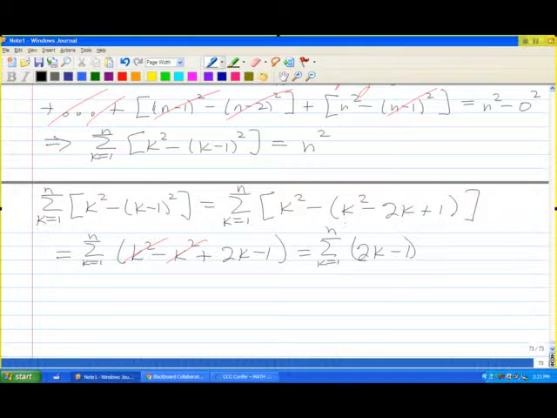We may have done that one, which is equal to 2 times the sum k equaling 1 to n of k minus the sum k equaling 1 to n of 1. Just using the properties of summation that I've given you previously.